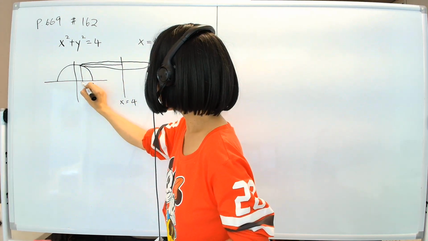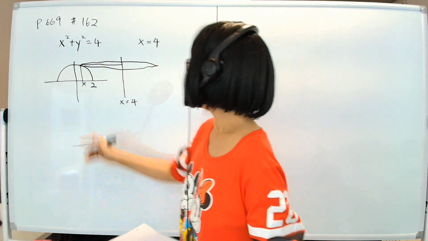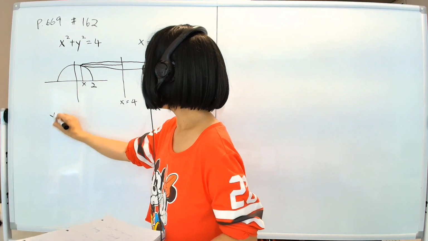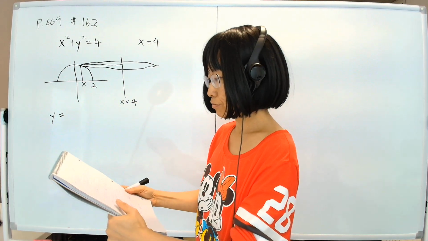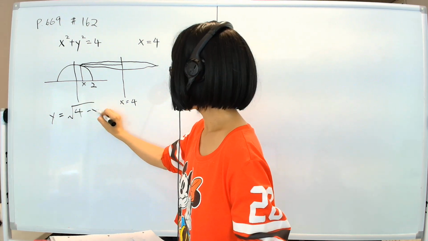So this is x, and what is the height? Well, y in terms of x would be, if you solve this, y equals the square root of 4 minus x squared.